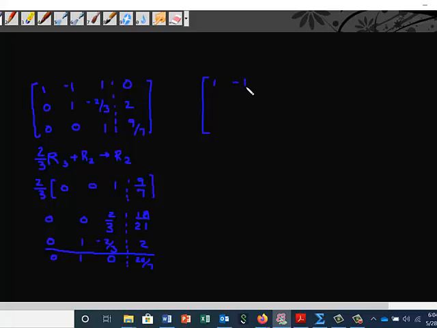Row 1 and row 3 will stay the same for now. 0, 1, 0, this will be 20 over 7, and so this will be 0, 0, 1, 9 over 7.